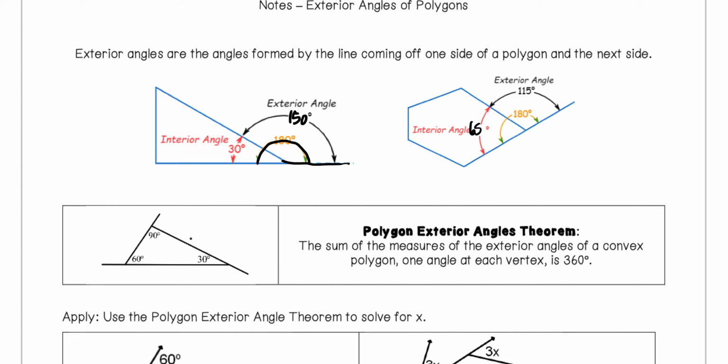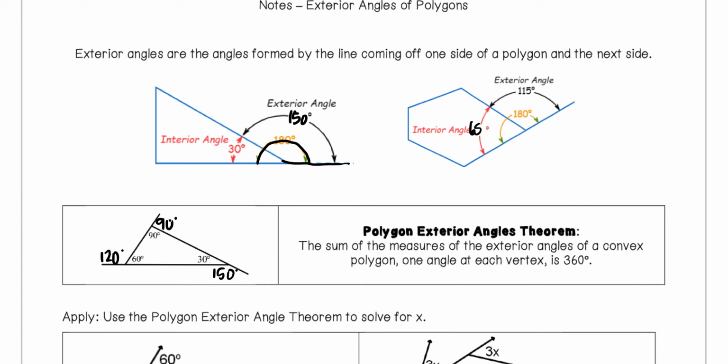For example, in this triangle, if we extend a line off of each side of this 30, 60, 90 right triangle, we get a 120 degree angle, a 90 degree angle, and a 150 degree angle. If we add all of these values together, 90 plus 120 is 210, plus another 150 is 360. This is going to work with every polygon, no matter what the interior angle sum is.